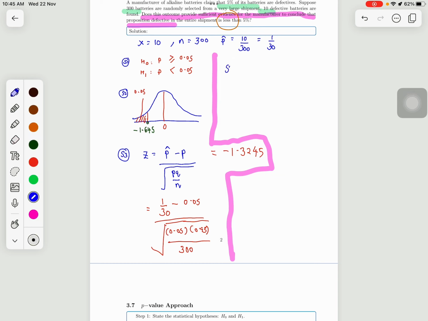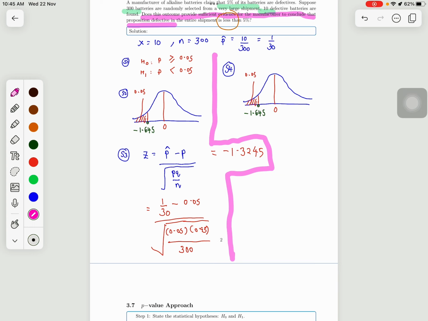Step 4. Okay, copy, paste. So my calculation in step 3 for the test statistic value is negative 1.3245. So we compare that value with the critical value.